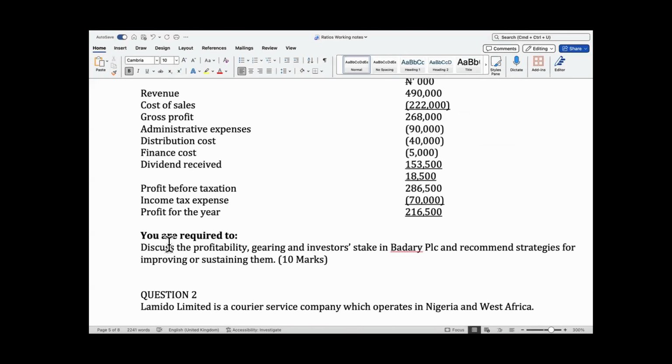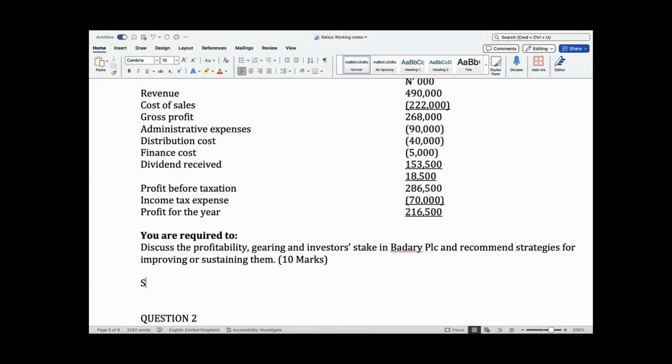We're now asked to discuss the profitability, gearing, and investors' stake in Badagry and recommend strategies for improving or sustaining them. So if you look at this question, the examiner didn't just tell you to compute, they actually told you to discuss.